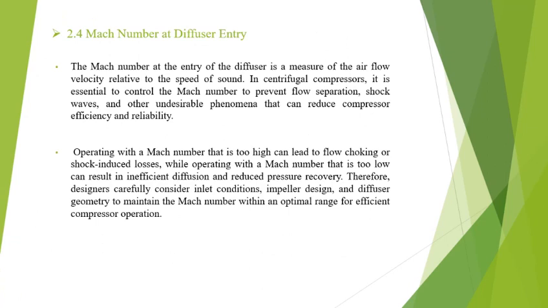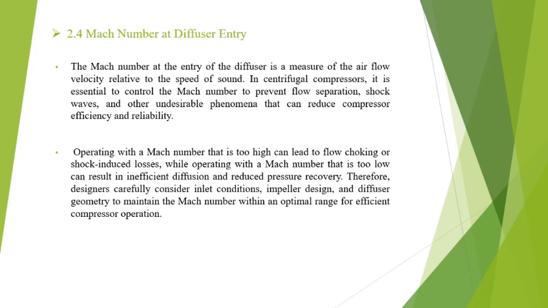After this we discuss the Mach number at diffuser entry. The Mach number at the entry of the diffuser is a measure of air flow velocity relative to the speed of sound in a centrifugal compressor. It is important to control the Mach number to prevent flow separation, shock waves, and other undesirable phenomena that can reduce compressor efficiency and reliability.